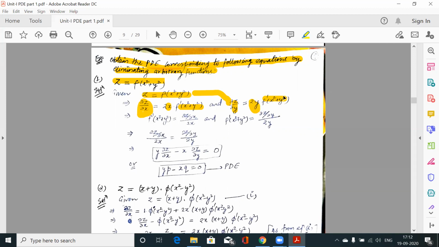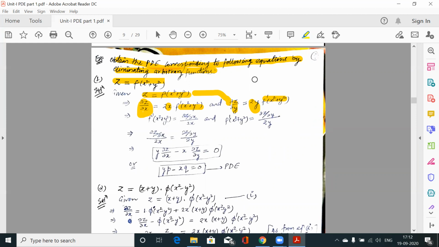Now these are first order derivatives. First we have to try the elimination from these two equations only. So what is our objective? We have to eliminate the f, to get an equation which is free from f. If we observe both equations, this includes f dash, and this includes f dash also.